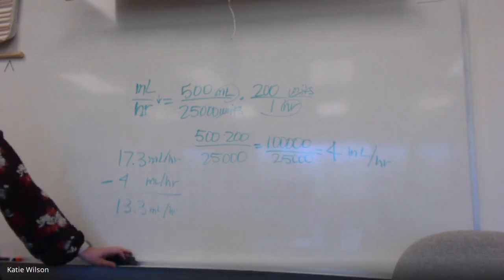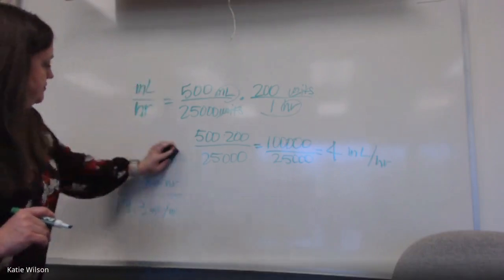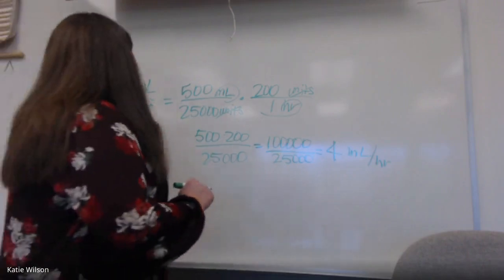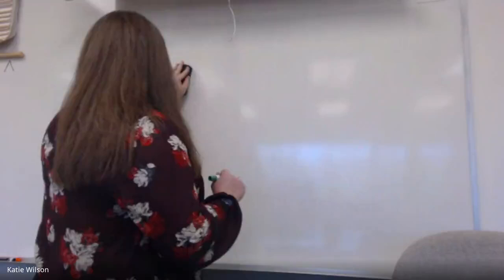And then number 10 is an increase. So we need to solve for the milliliter per hour increase. The patient has the continuous infusion running at 14.4 milliliters per hour. According to the protocol, it should be increased by 100 units per hour.